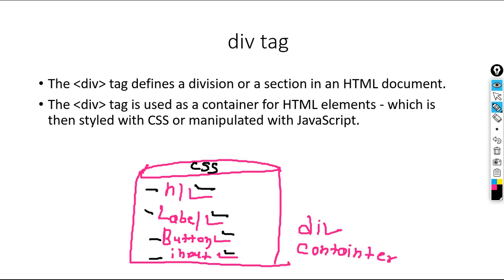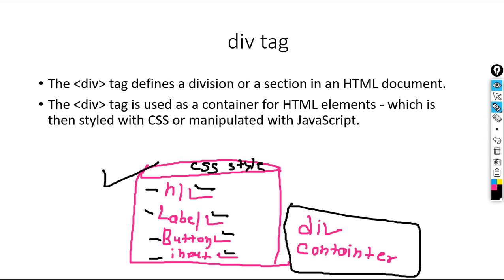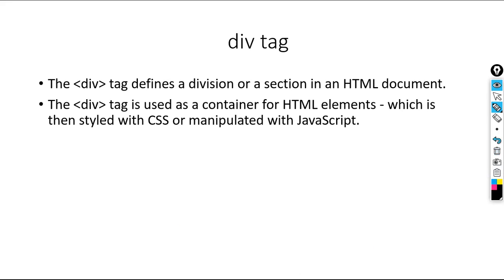Instead, we will directly apply the CSS style on this div container. Understood? Automatically this style will be applicable to all the elements contained by this div container. Hope now you have a better understanding. Now let's move on.